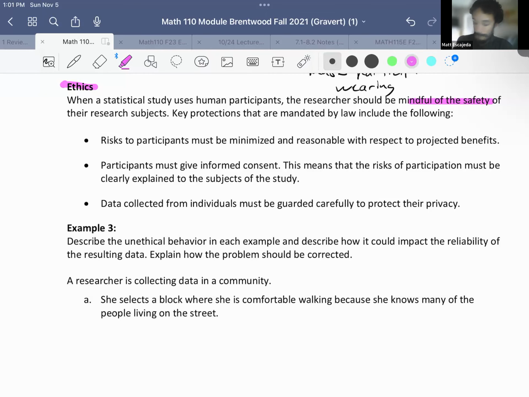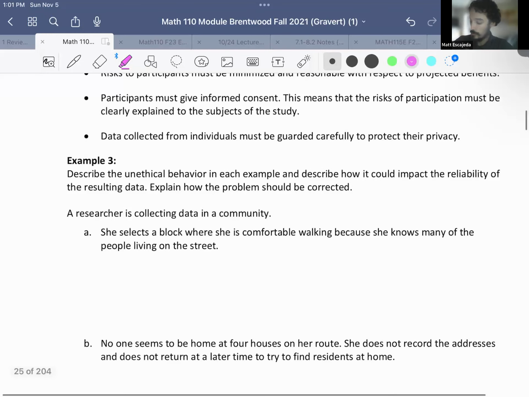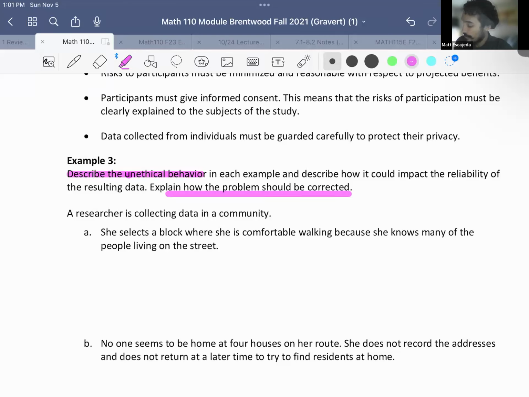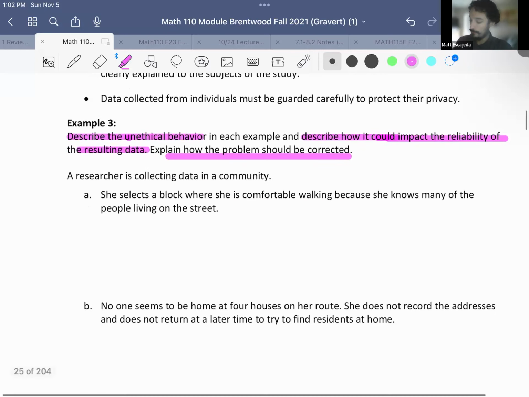So, example 3: describe the unethical behavior in each example, describe how it could impact the reliability of the resulting data, and explain how the problem could be corrected. Okay, so a couple things going on here.